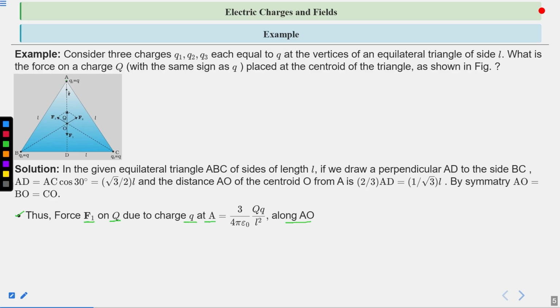Here the charge q is positive and capital Q, which is placed at the centroid, is also positive. So the direction of force is along AO, repulsive.